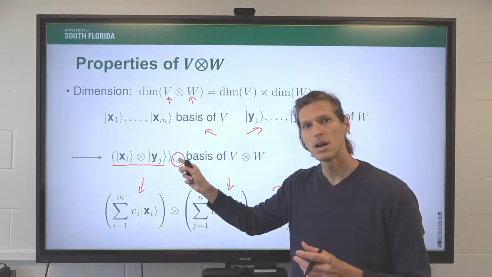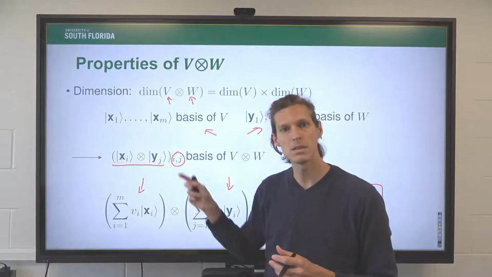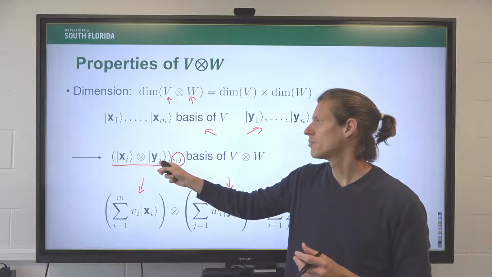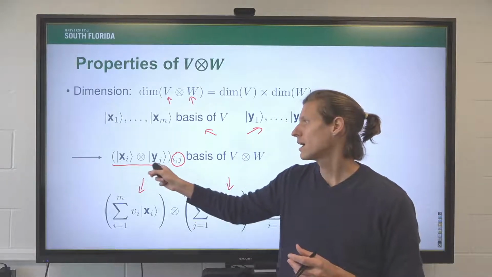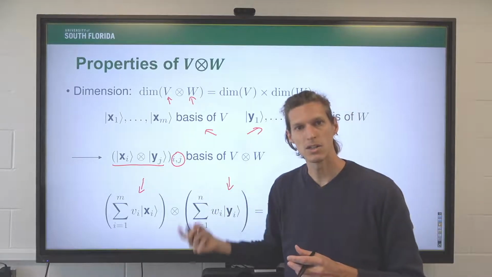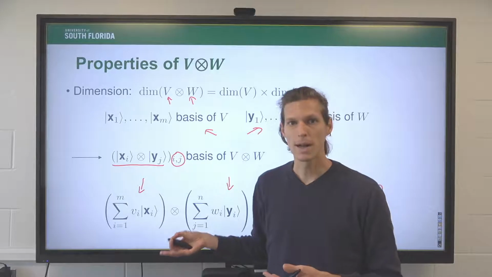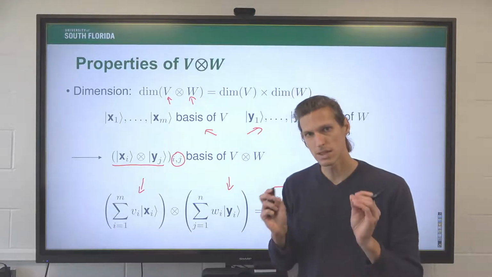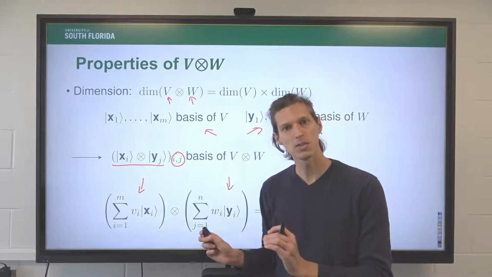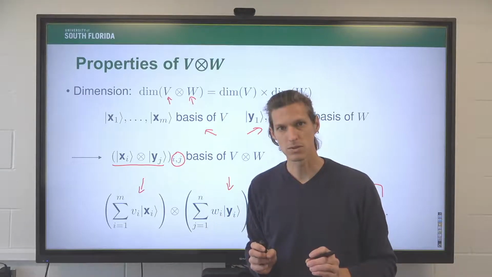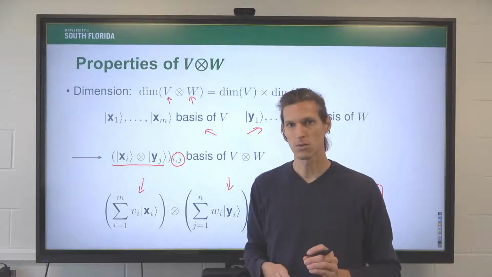Every element of V tensor W will be in the span of the basis xi tensor yj for i and j ranging between 1 and m, respectively 1 and n. This is something we'll come back to when we talk about entangled states a little bit down the road during this lecture.